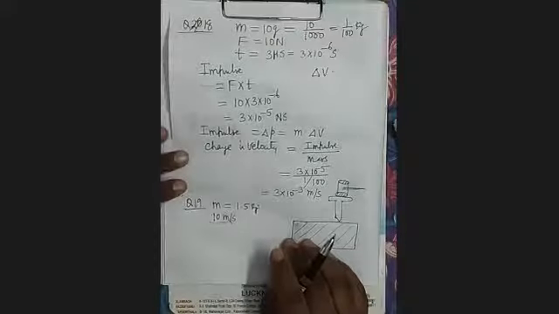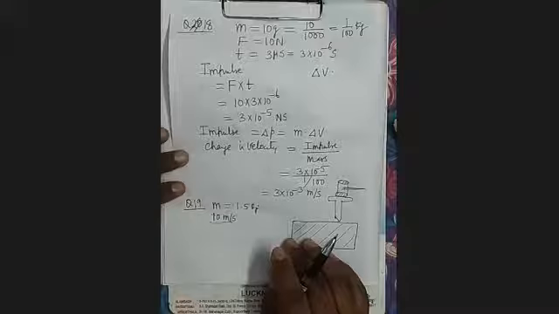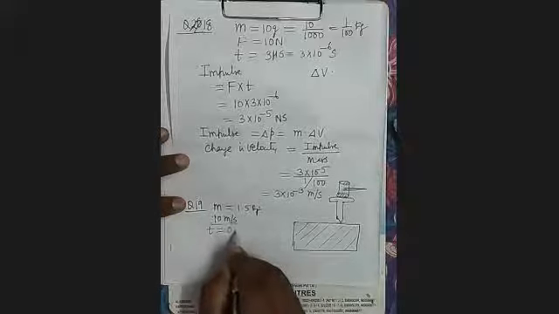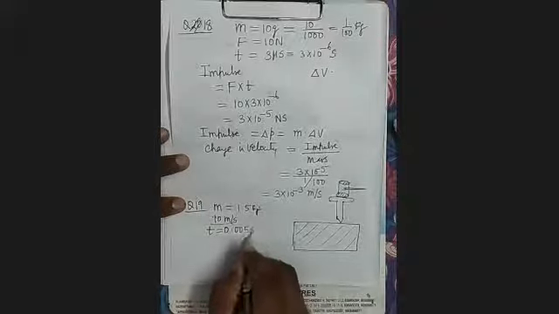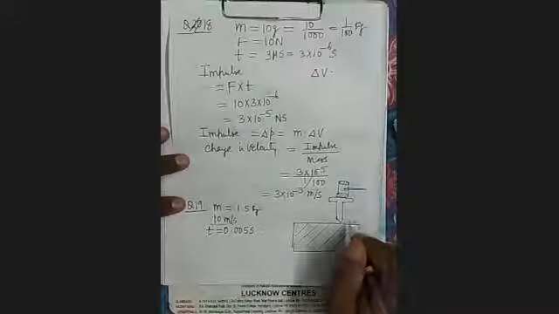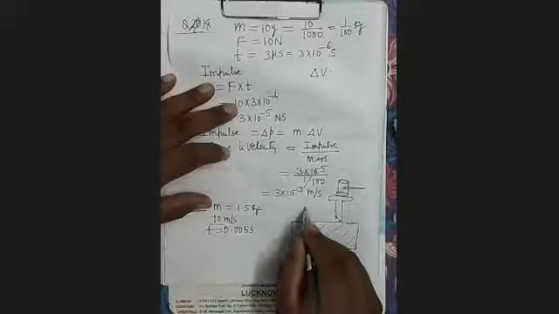Now here, the hammer is driving the nail into a wooden block. The duration of the impact, which means the force it exerts, is 0.005 seconds. Find the average impact force and the distance of penetration of the nail into the block, meaning how much distance it has penetrated into the block.